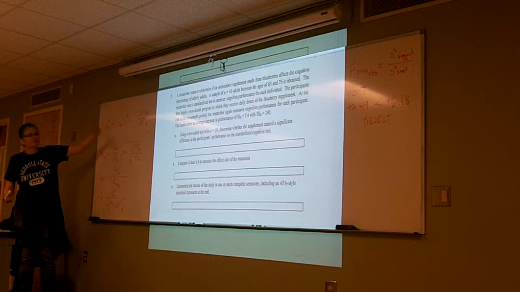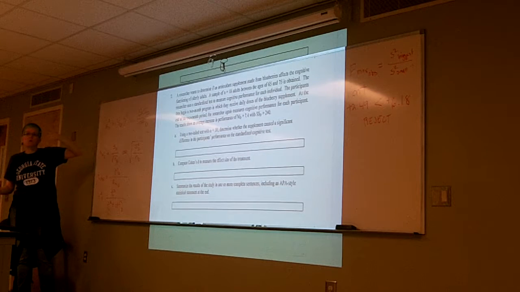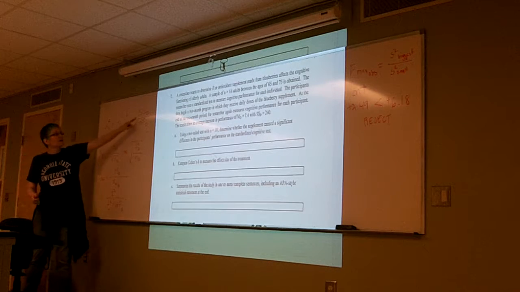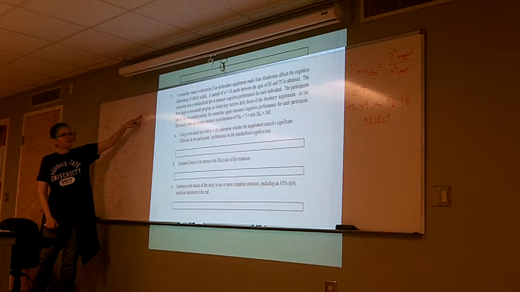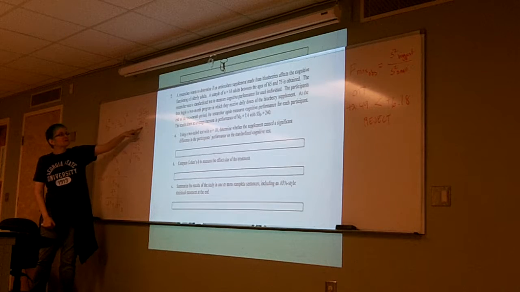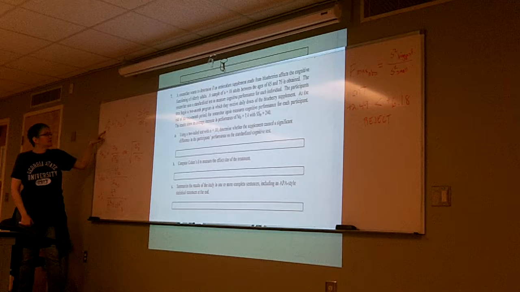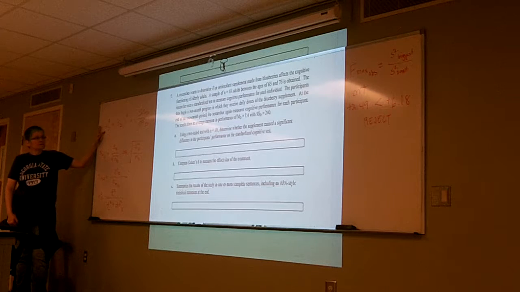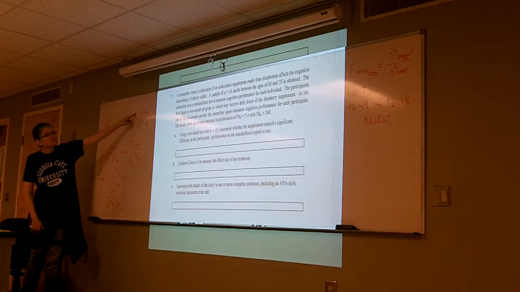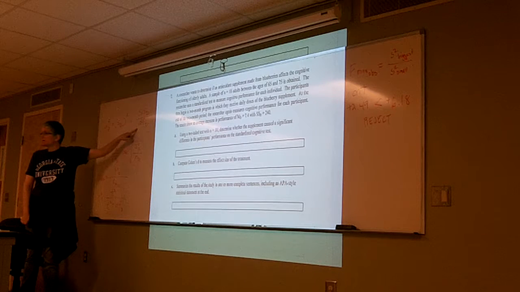This time I don't have standard deviation or sample variance. All I've got is sum of squares, so I'm going to have to figure out degrees of freedom of the difference so that I can calculate my sample variance of the difference. So I know my sum of squares of the difference is 240. What's my degrees of freedom of the difference going to be? 15, right? Because my sample has 16 members, which means the degrees of freedom is 15.